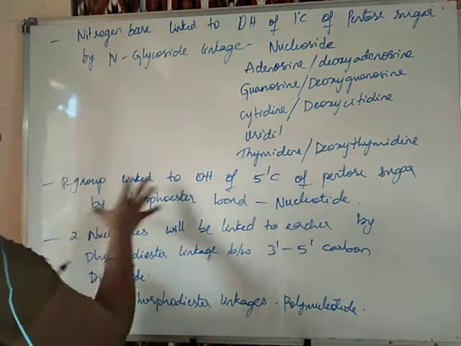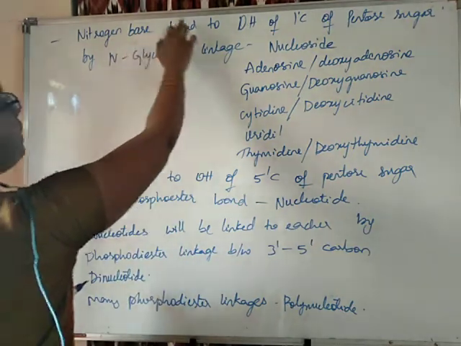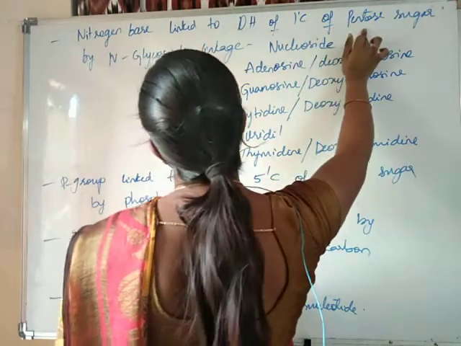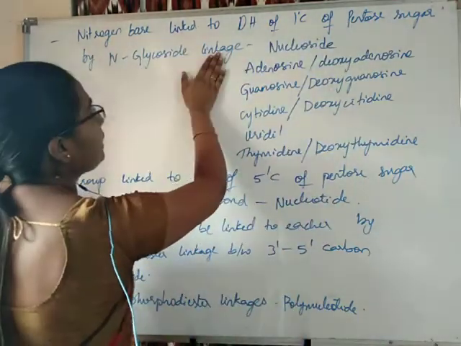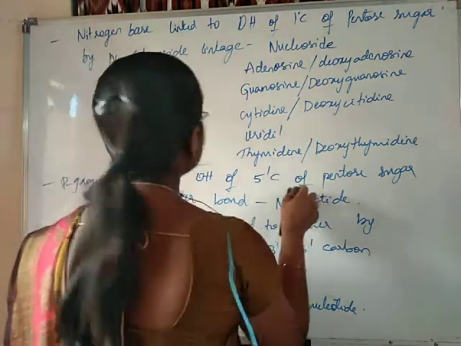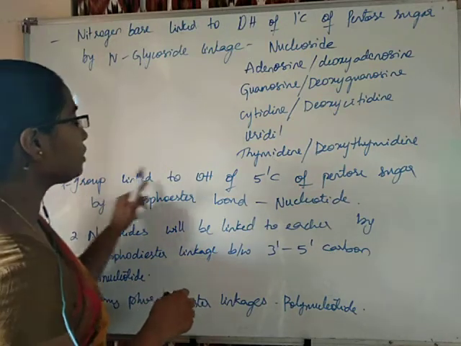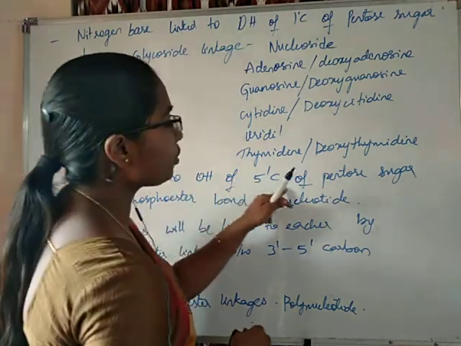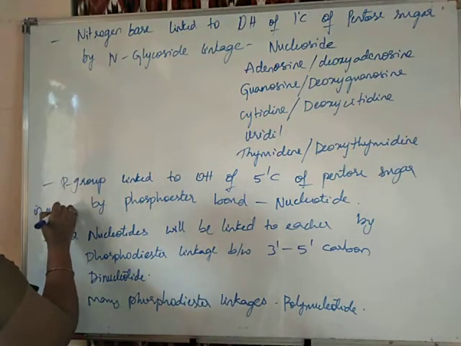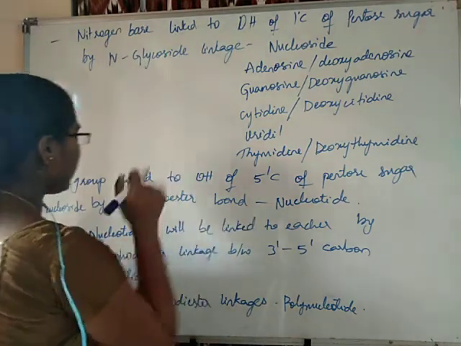So, once again we will revise everything and then we will continue to learn more. The nitrogen base is linked to the OH group of the first carbon of the pentose sugar by N-glycosidic linkage to form a nucleoside. Then the phosphate group is linked to the OH of the fifth carbon of the pentose sugar in the nucleoside by a phosphoester bond to form a nucleotide.